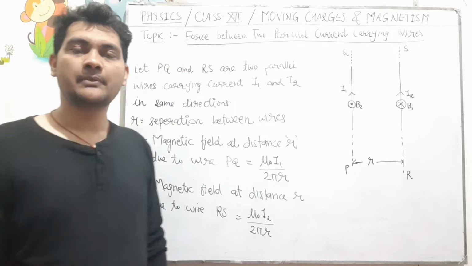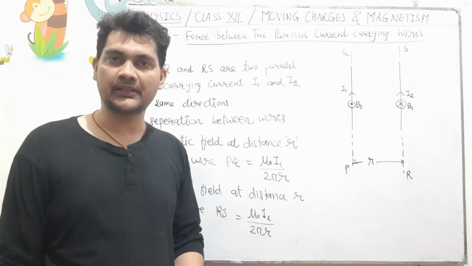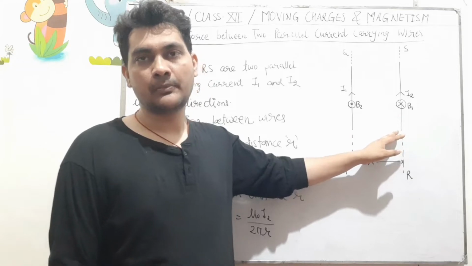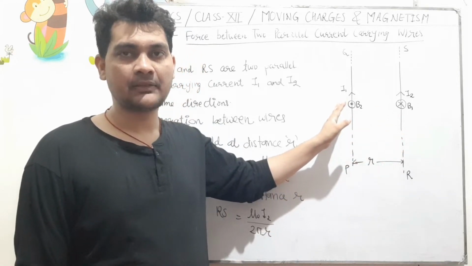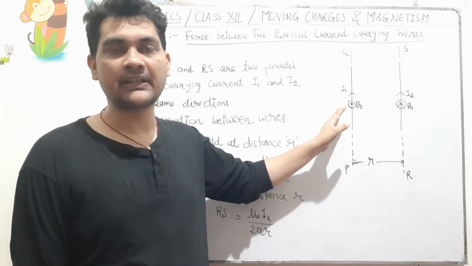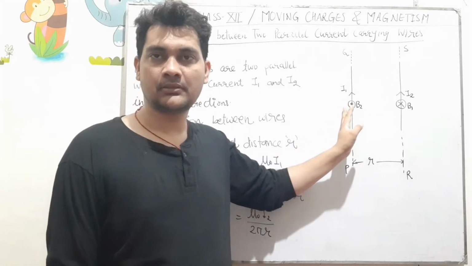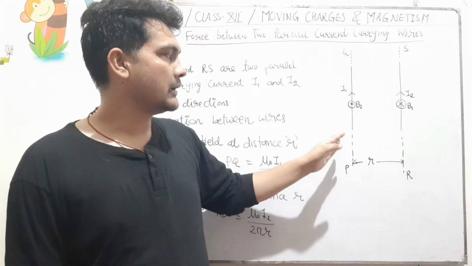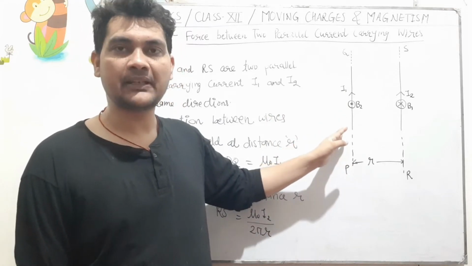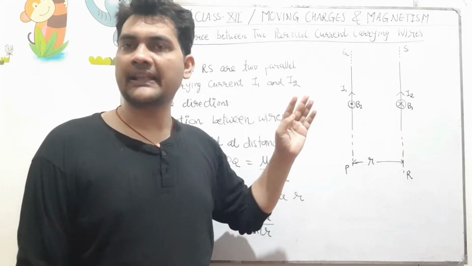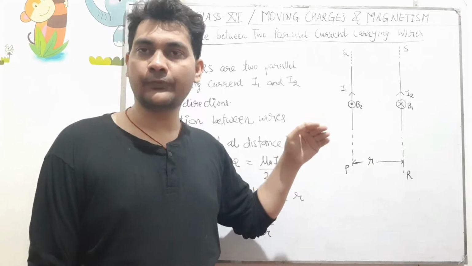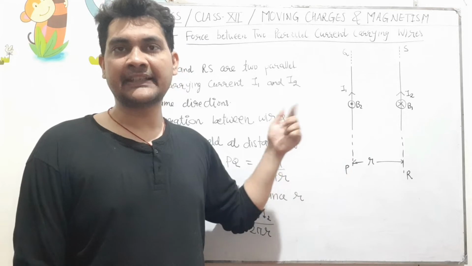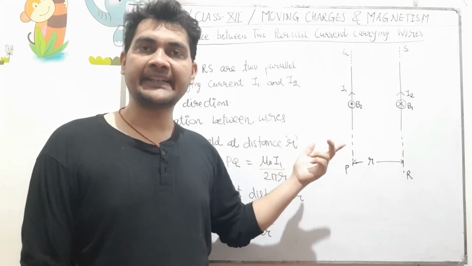Dear students, because of the magnetic effect of current, a magnetic field is developed around both wires. Because of current I1, the magnetic field B1 is developed at a distance r from it. The magnetic field lines, as all of you know, are in the form of concentric loops and the direction can be found using the right hand thumb rule.